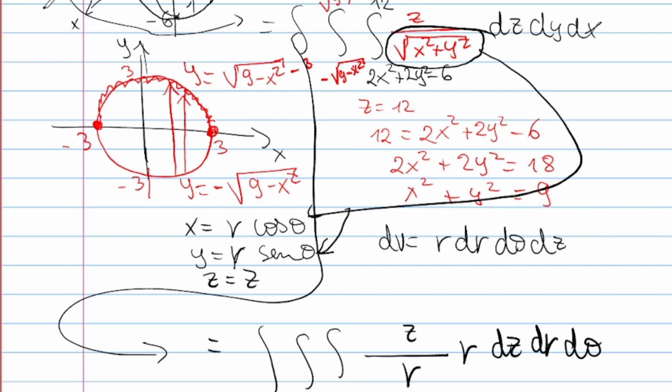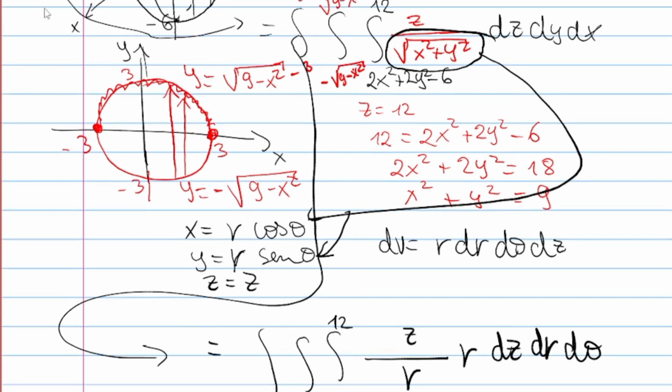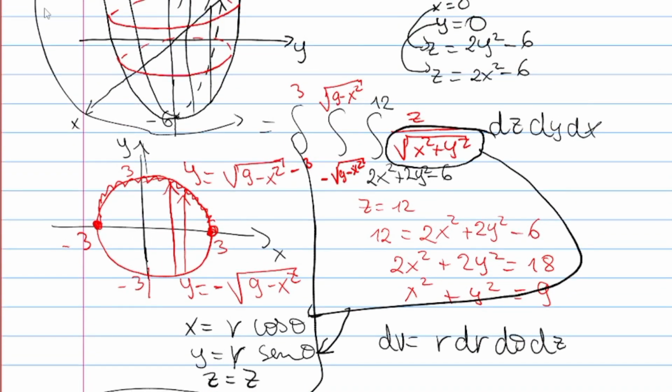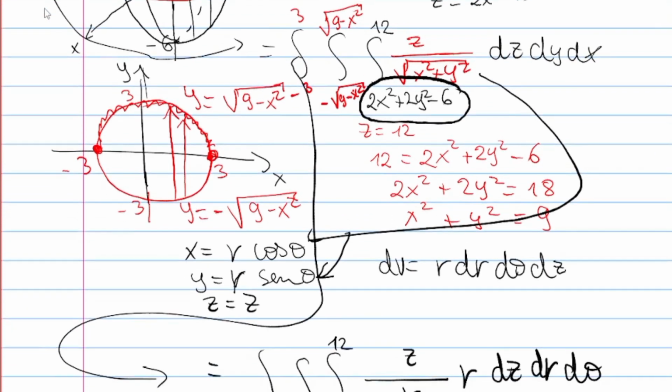Good. It's still 12, and I said that let's go back here. Good. It's one of the limits of integration. So just replacing, do the same thing.